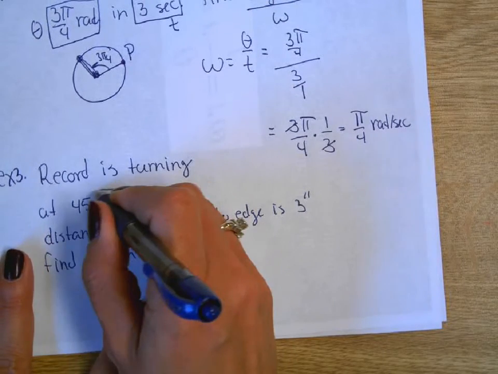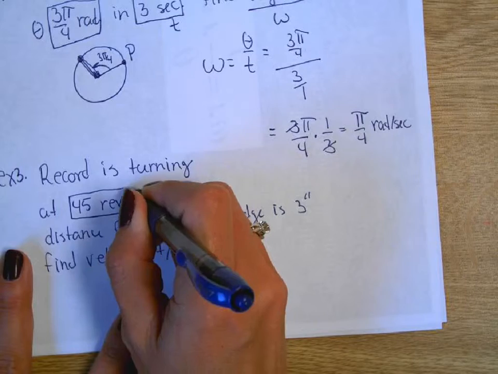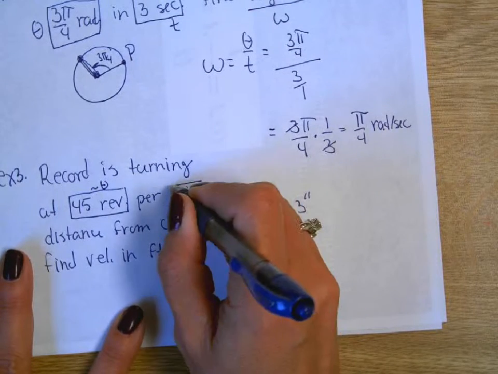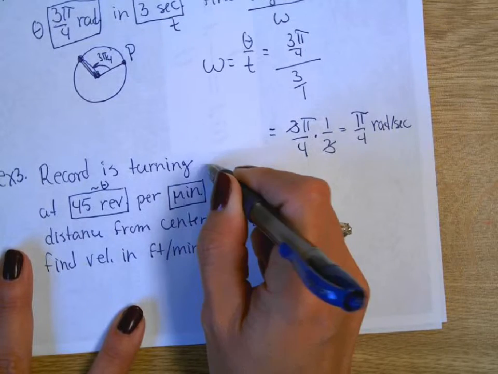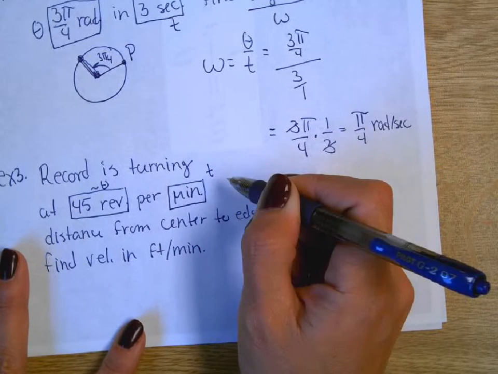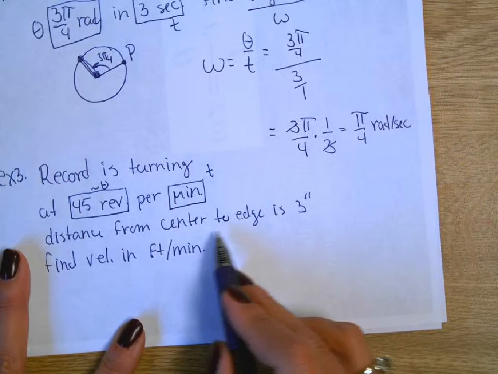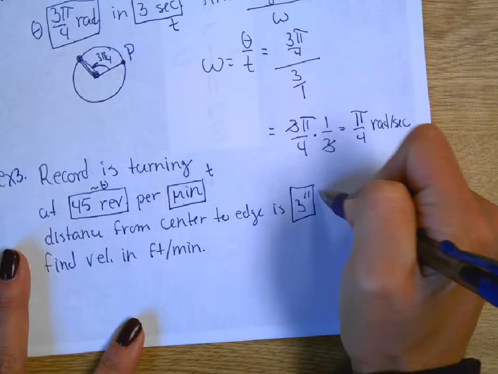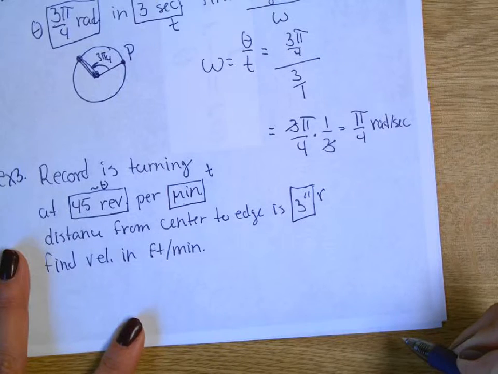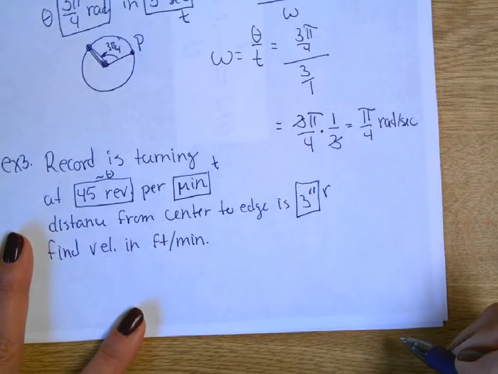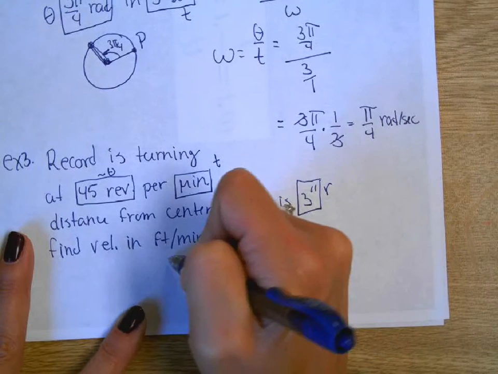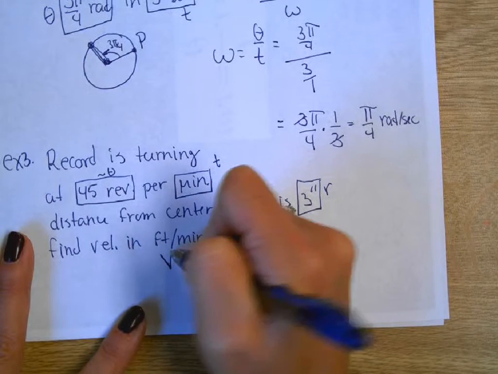So 45 revolutions is giving me theta per minute is my time. The distance from the center to the edge is 3 inches, radius. What are we trying to find? V. Big V.